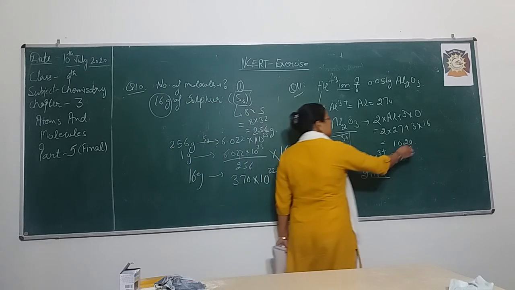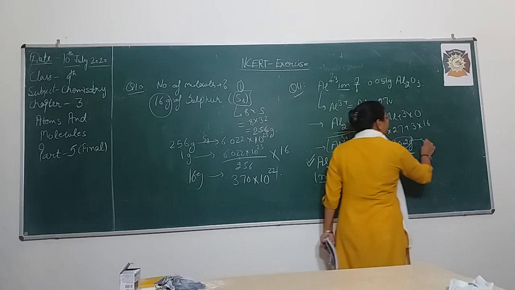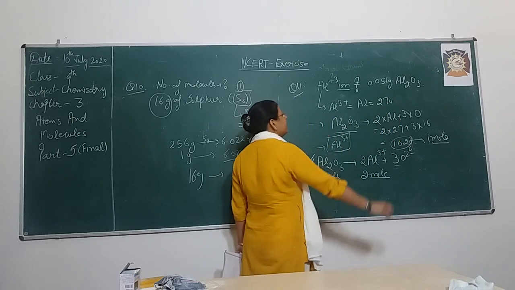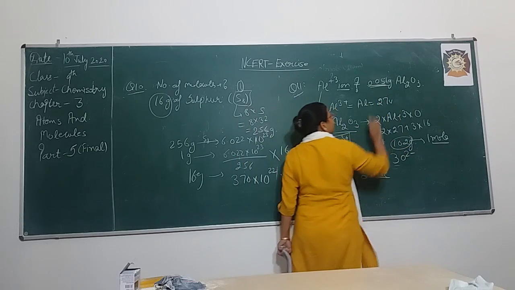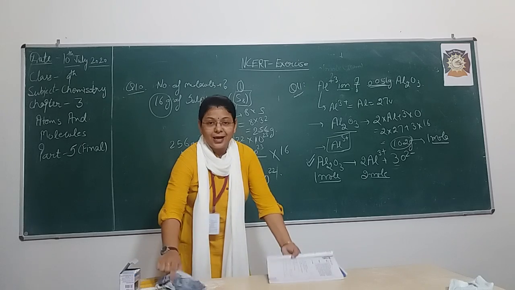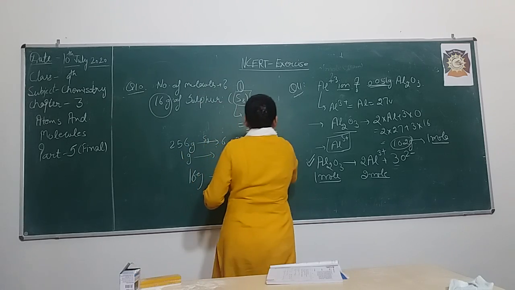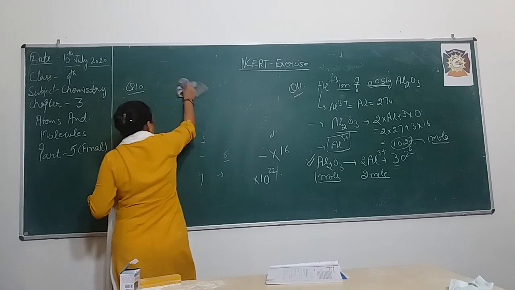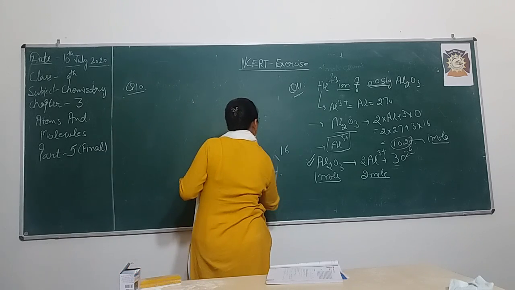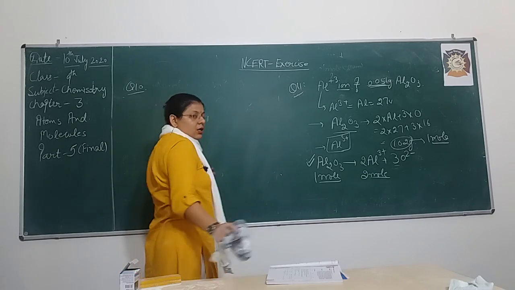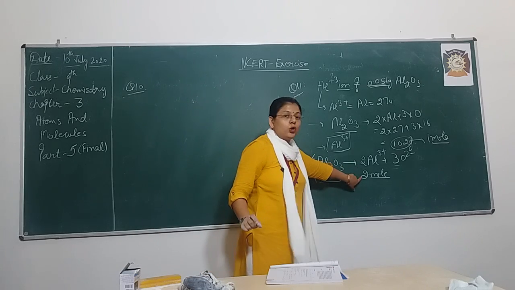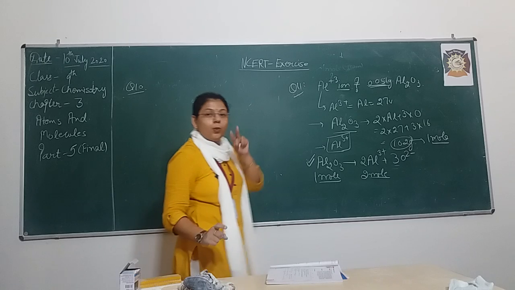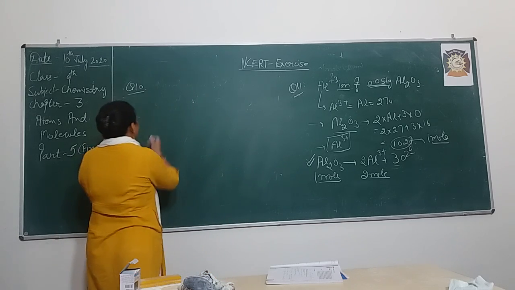We know the molar weight, that means the mass of 1 mole, and we are given 0.051 grams. So from here, can you calculate the number of moles of aluminium oxide? Firstly, we are going to calculate the number of moles of Al2O3, and in the last we are going to multiply it by 2. Why? Because 1 mole of aluminium oxide gives 2 moles of Al3 positive ions.